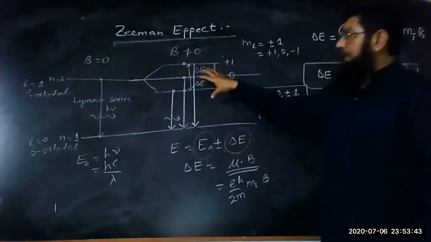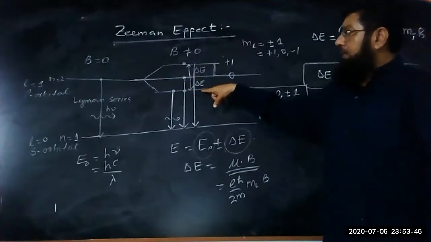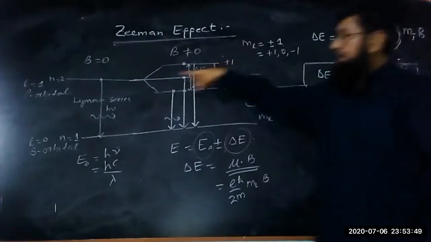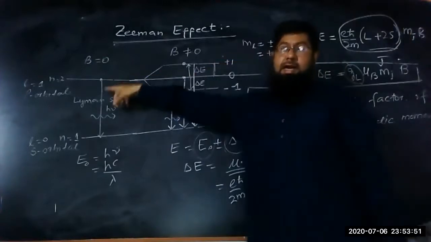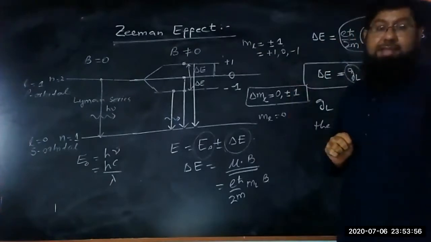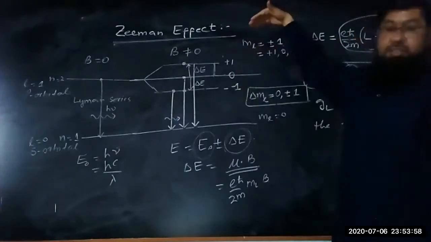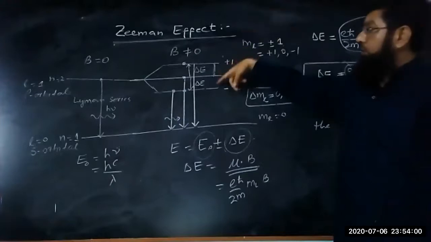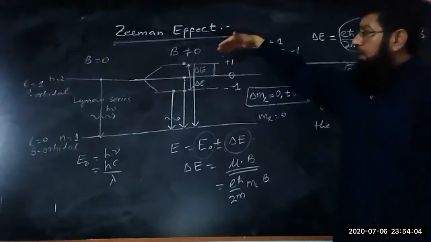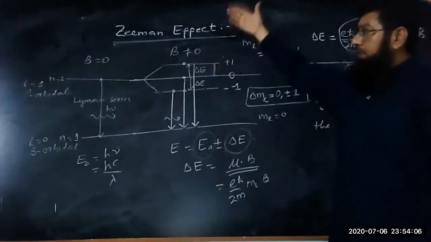In this case the energy level is split out into 3 levels, because L is equal to 1. If L is equal to 2, then as a resultant the energy level is split out into 5 levels.